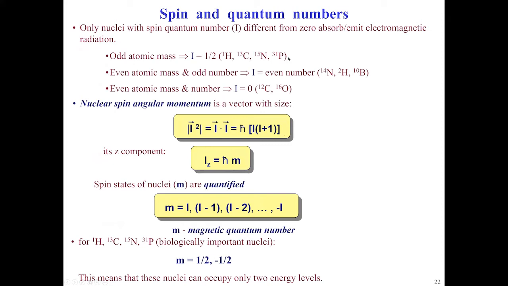Carbon 13, nitrogen 15, phosphorus 31, even and so on. And here I think we will be exposed to nuclei that are very important for zeolite, battery, lithium, silicon, and so on. And then there are some atoms that don't give NMR.